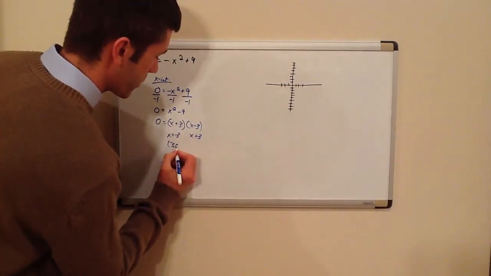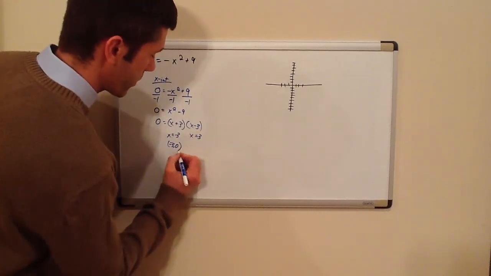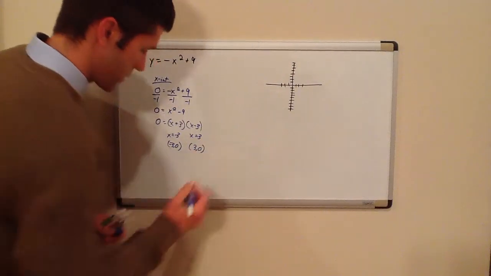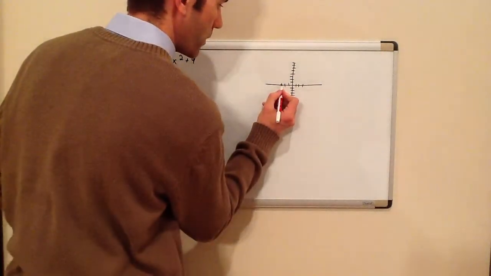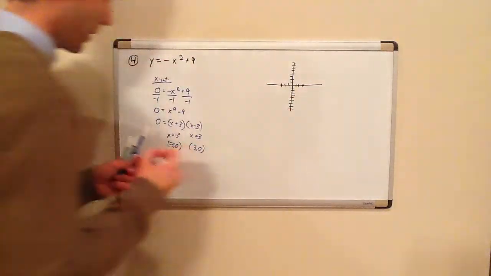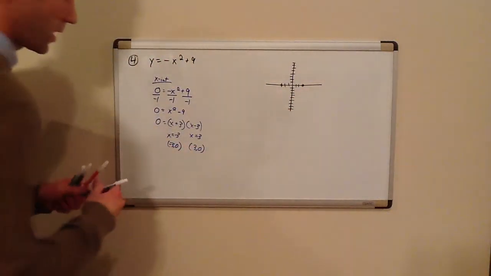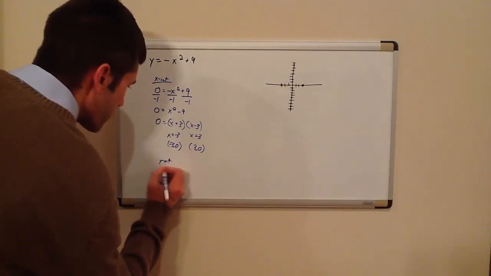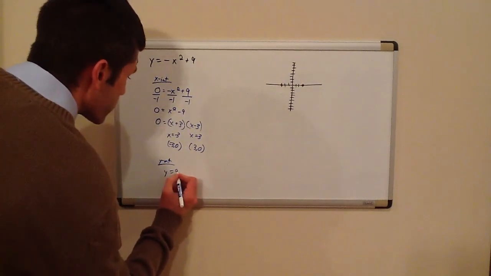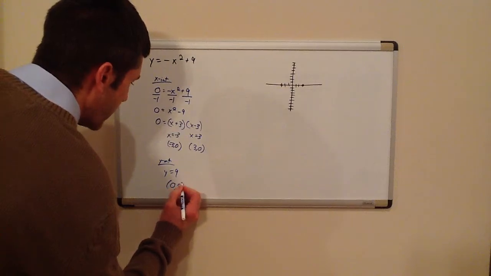So it's negative 3, 0, and 3, 0. There we go. Let's just jump to the chase here. The y-intercept, staring you in the face, would be y equals 9, which will be the coordinate 0, 9.